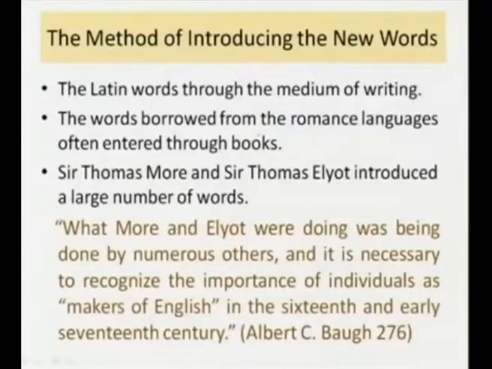The words borrowed from the Romance languages often entered through books, and Baugh mentions, and I will quickly read this quotation, what writers like Thomas More and Thomas Elyot were doing was being done by numerous others, and it is necessary to recognize the importance of individuals as makers of English in the 16th and early 17th century. These are what we get through their works, through the medium of writing.